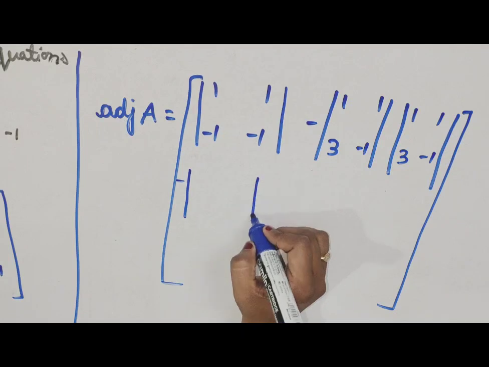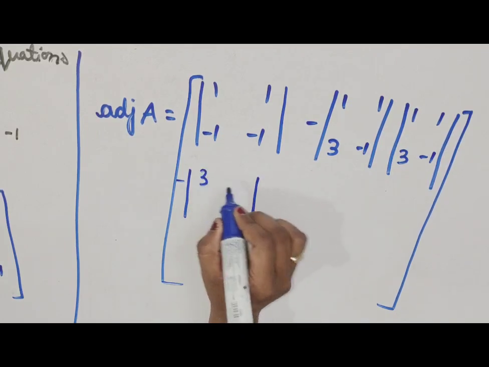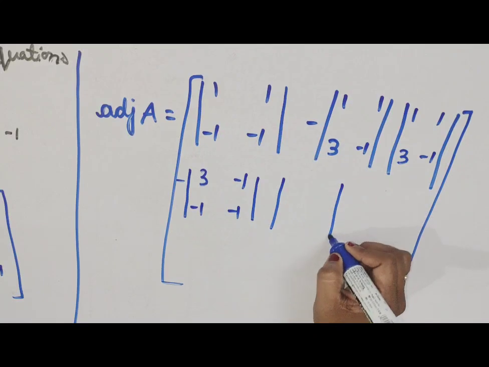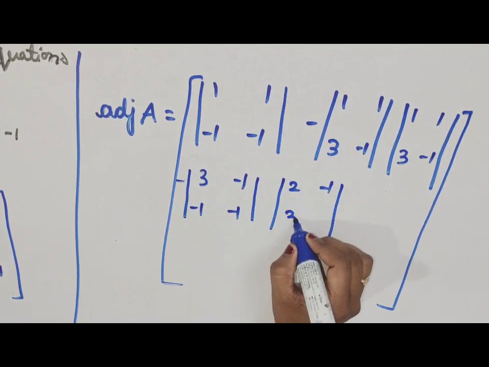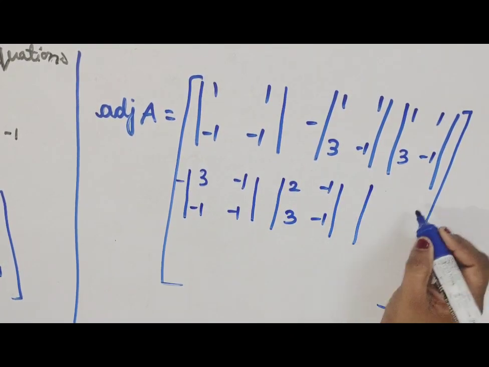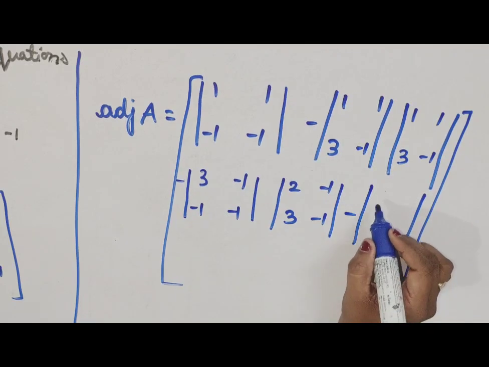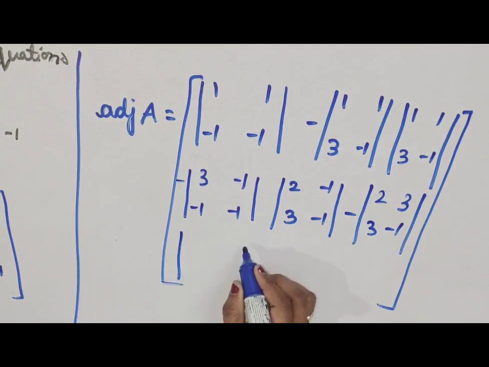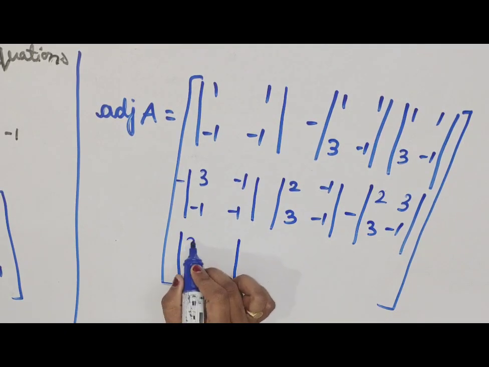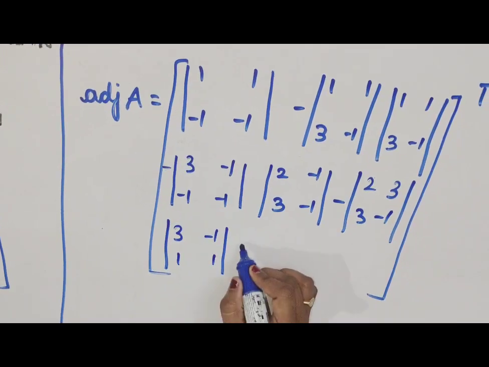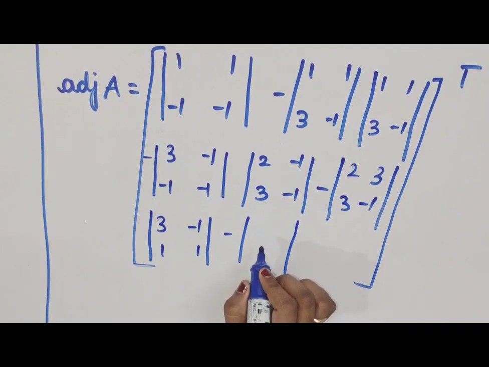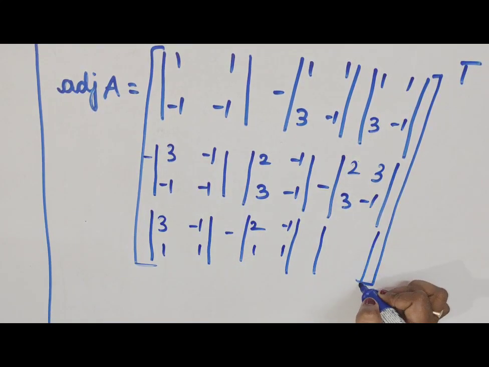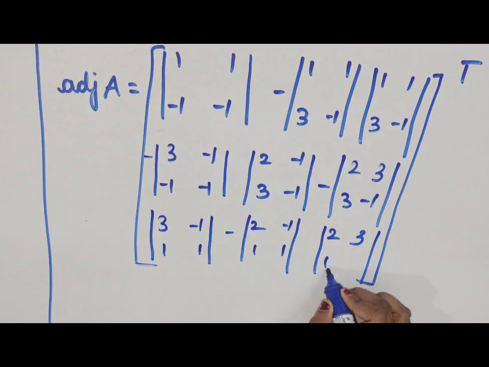The alternate term will have minus 3, minus 1, minus 1, minus 1. Next it is 2, minus 1, 3, minus 1. The alternate will have minus 2, 3, 3, minus 1. The next term is 3, minus 1, 1, 1. The alternate will have minus 2, minus 1, 1, 1. Next is 2, 3, 1, 1.